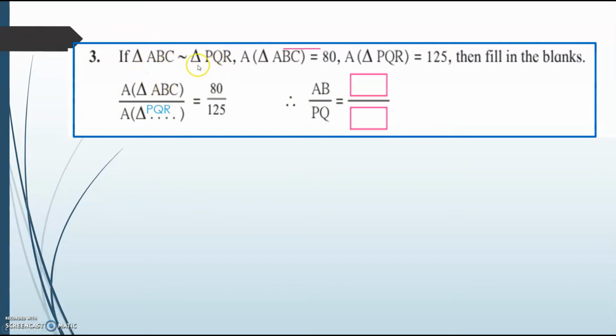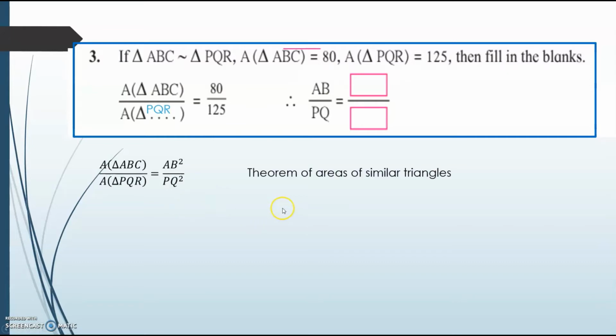So let's use this theorem of areas of similar triangles. We are given triangle ABC is similar to triangle PQR. Therefore, we can write that the area of triangle ABC upon area of triangle PQR is equal to AB square upon PQ square. Reason is theorem of areas of similar triangles. Now this is given to be 80 upon 125, which can be reduced.